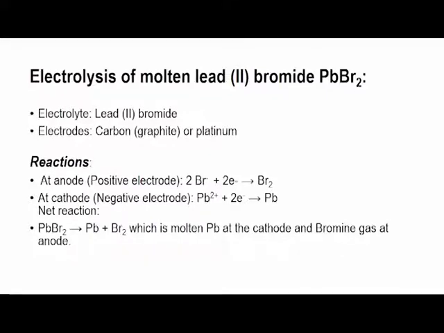At the anode, bromine is formed, and at the cathode, lead is formed. What students should take note of is that the negative electrode, which is the cathode, will always attract the positive ions, or cations. The positive electrode, the anode, will always attract the negatively charged ions. That's why bromide was attracted to the positive electrode, because it is negatively charged, and therefore bromine is formed at that electrode.